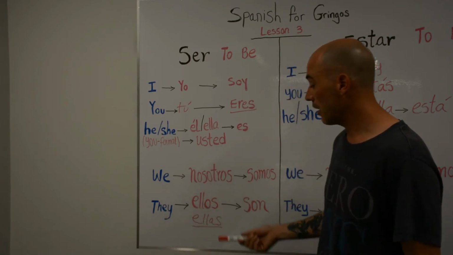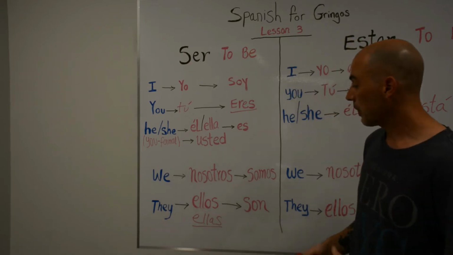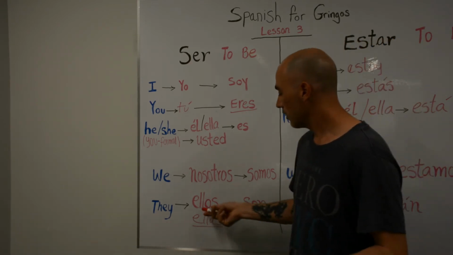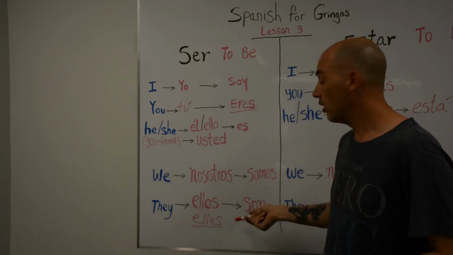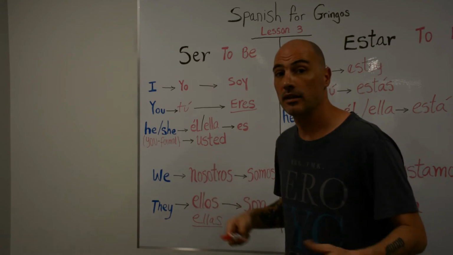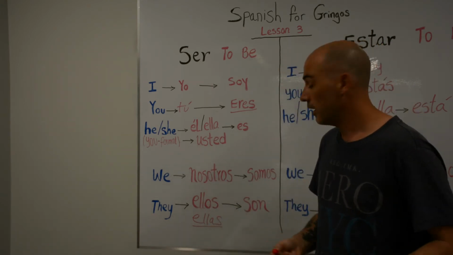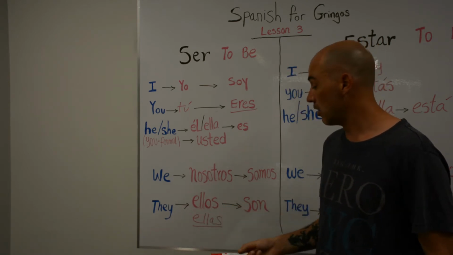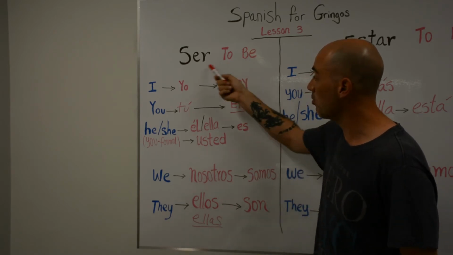And they is ellos. Ellos son. You could say they're great or they're nice. You can say ellos son buenos or ellos son geniales, which is basically saying they're great, they're good, depending on what you're saying. But ellos son. Okay, so they are, which is a form of to be.